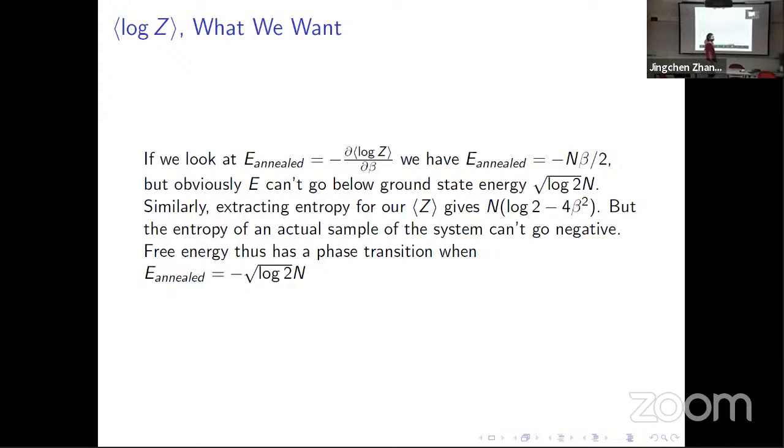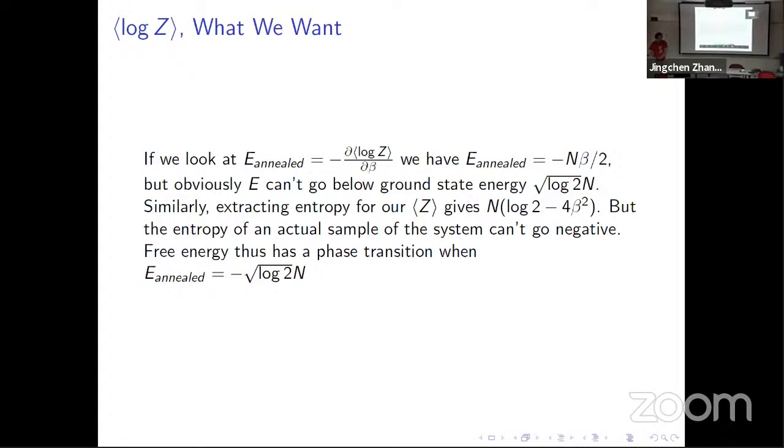This is a phase transition, right? If you could build a random energy model in a lab, you could cool it down. Physically, for any realization of the random energy model, there's a ground state. For the annealed average, the energy is just proportional to beta.